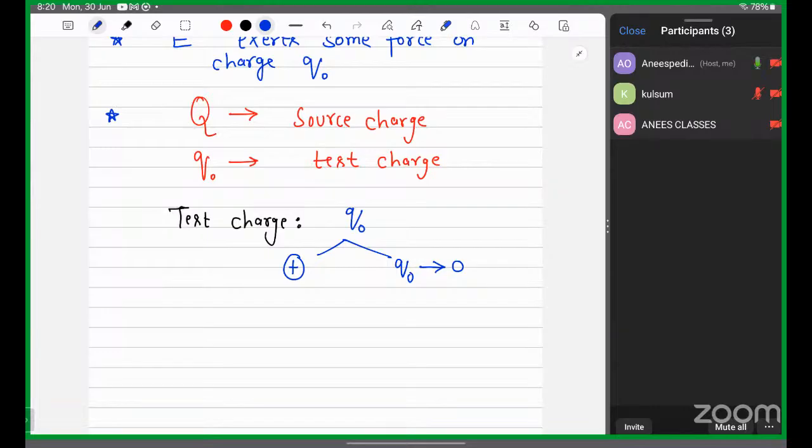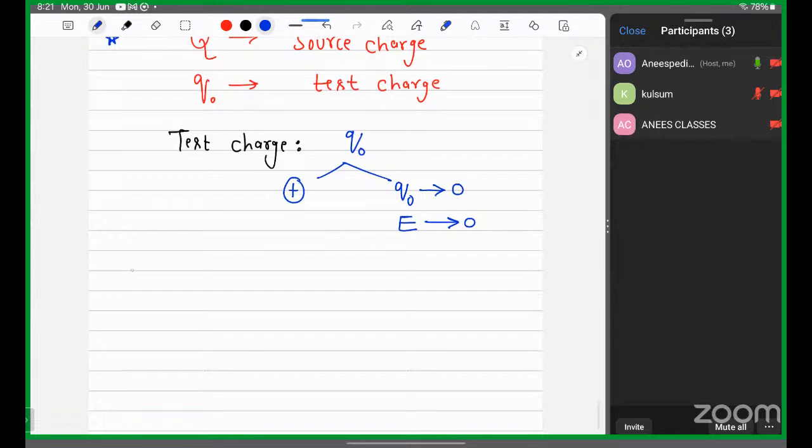Due to its small magnitude, electric field due to this test charge will also be tending to 0, which means we can define test charge as a positive charge whose electric field is negligible.